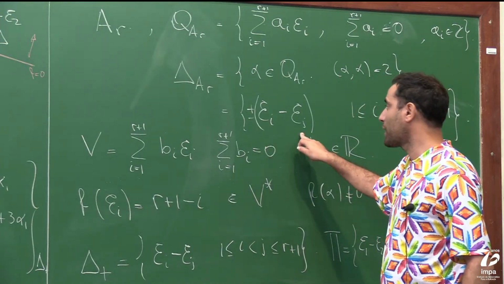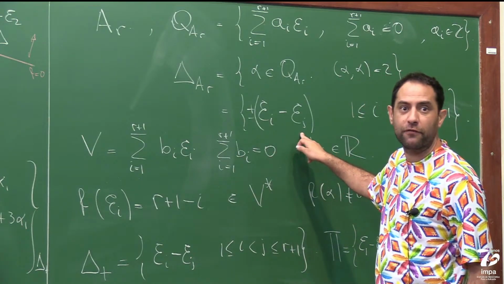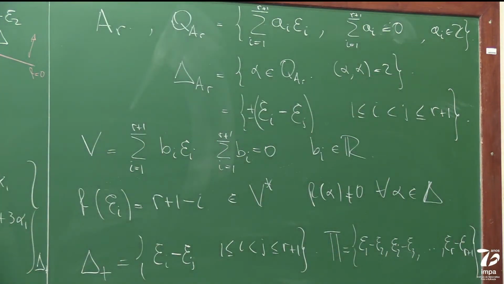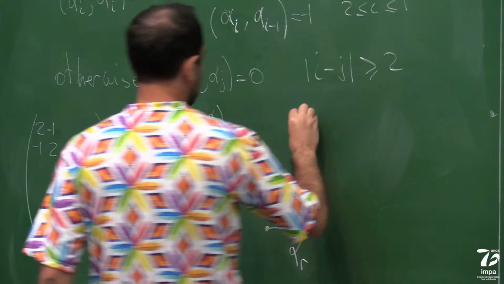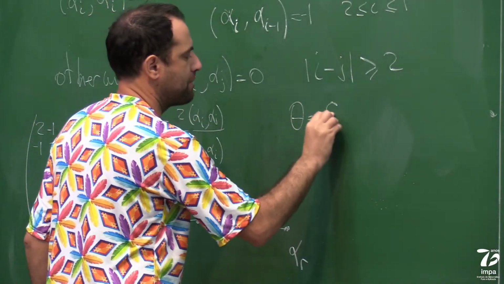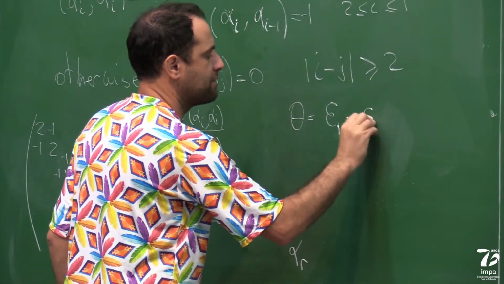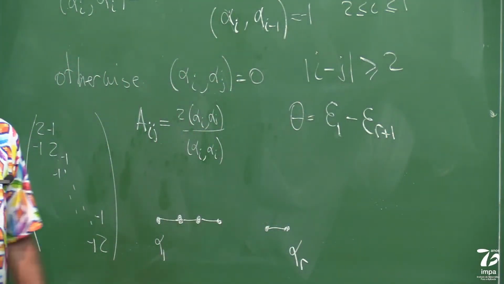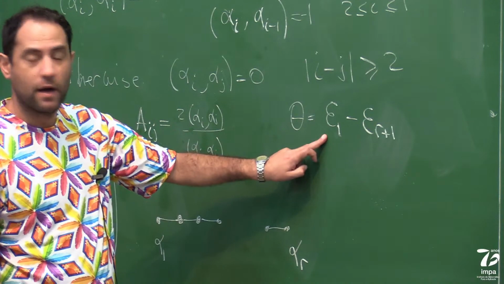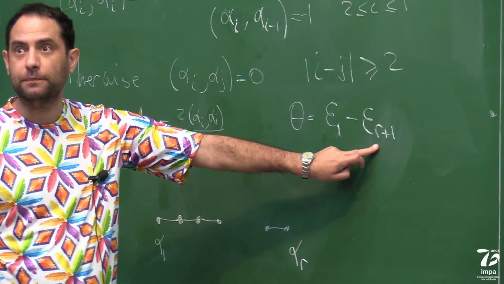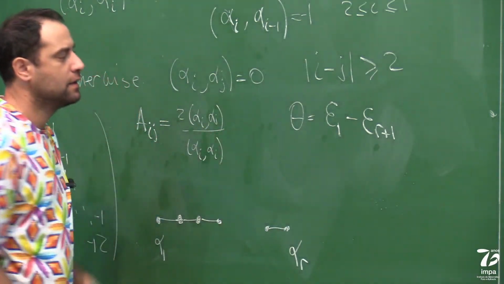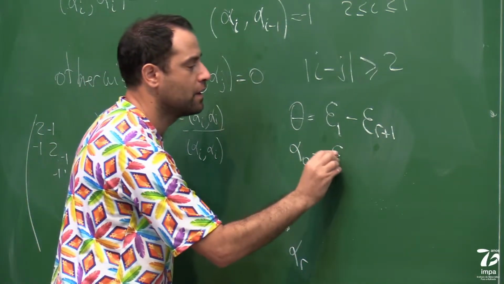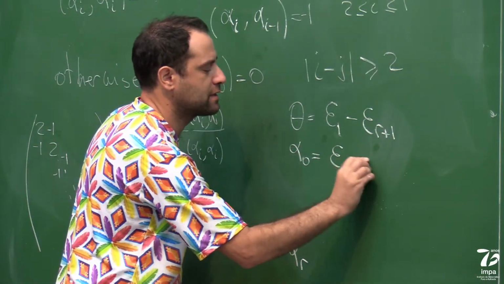And we would want to subtract the one that takes the minimum value for f. So we have a candidate, and it's trivial to check that it has to be the guy, which is theta equal to epsilon_1 minus epsilon_{r+1}. F takes maximum value there because it takes maximum value on epsilon_1, and it takes minimum value on epsilon_{r+1}. So that means that alpha_0, remember, was minus this thing, is epsilon_{r+1} minus epsilon_1.